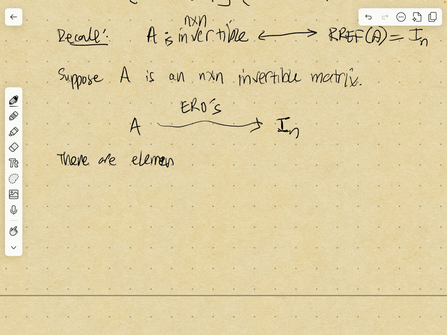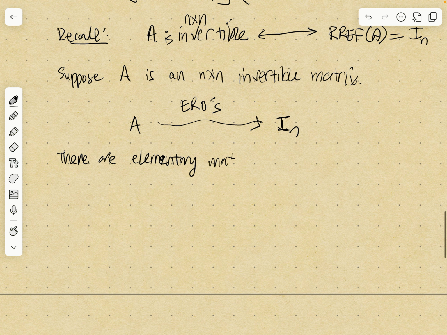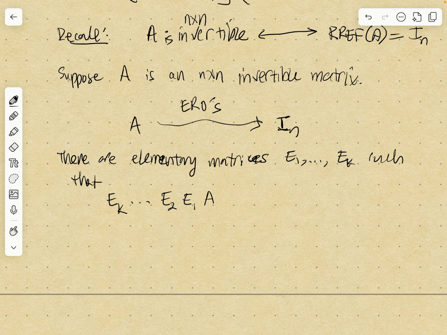And so what this means is that there are elementary matrices E1 through EK such that if you start off with A and then multiply by E1, which corresponds to the first row operation, and then the second row operation, all the way to the kth elementary row operation, that would be like multiplying on the left by E1, then E2, all the way to EK.